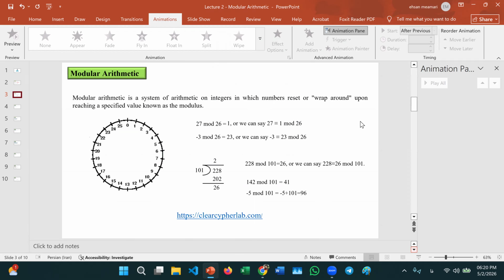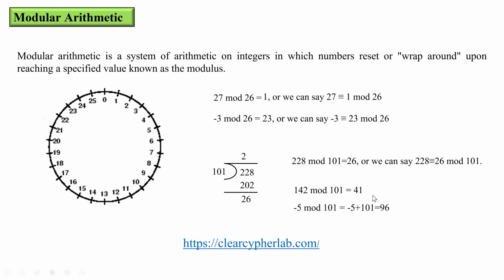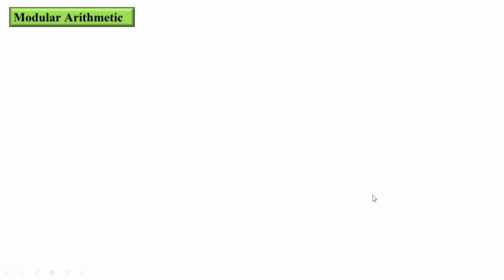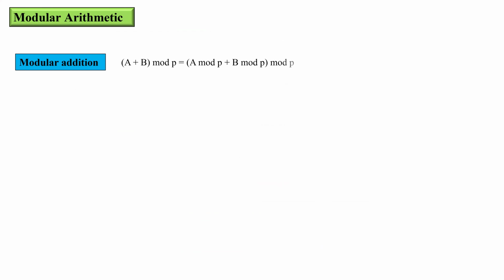Okay, let's go back to our discussion. After modular arithmetic, we want to discuss modular addition. Suppose that we have two values A and B, and we want to add these two values in modular arithmetic. We have two methods.